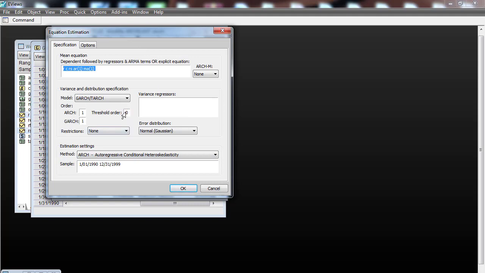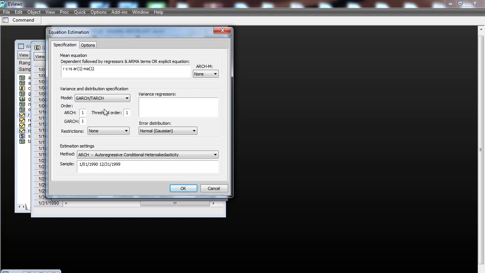We add only 1 here, as you can see. We are using the TARCH model, so in this case we leave the rest as it is, and then we run this model with the same variable, and we'll see.